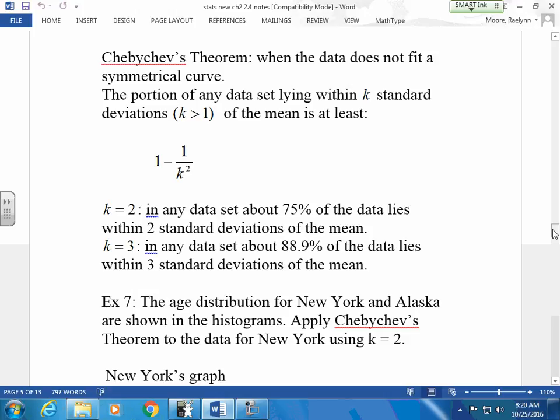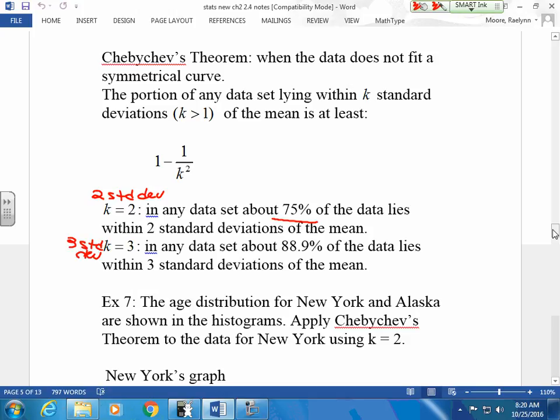So sometimes we can't use the 68, the 95, the 99.7. He came up with a little theorem here, but he only can handle when he's 2 standard deviations above the mean or below the mean, and 3 standard deviations. He doesn't have 1 for 1, he just has it for 2 and for 3.